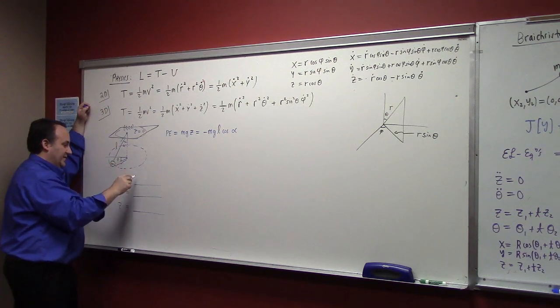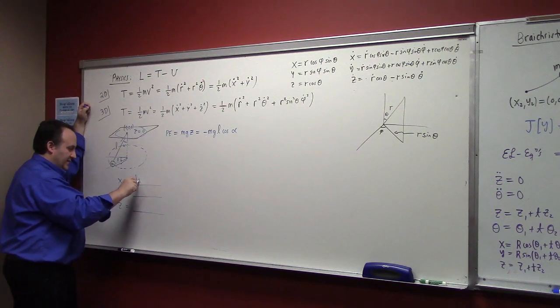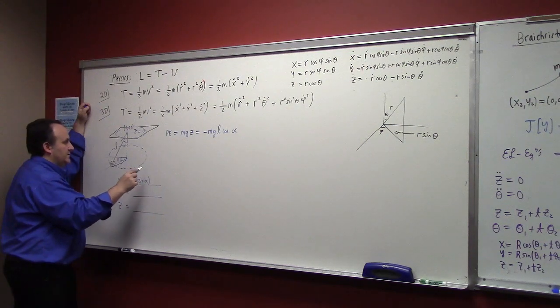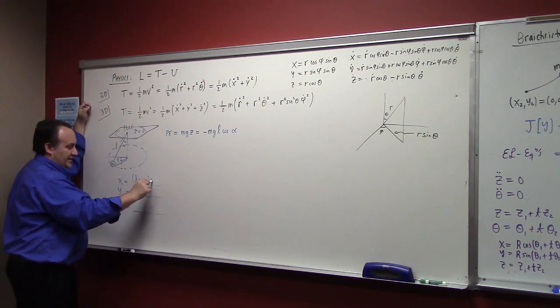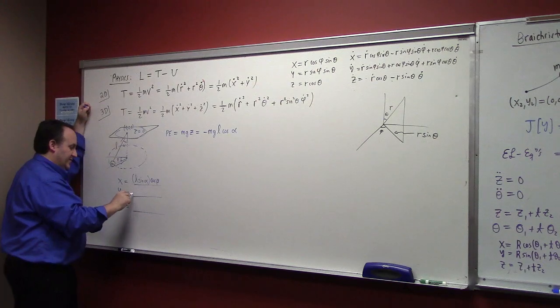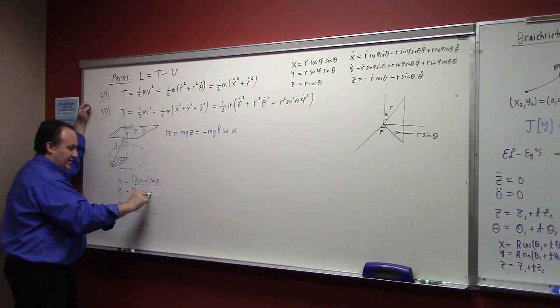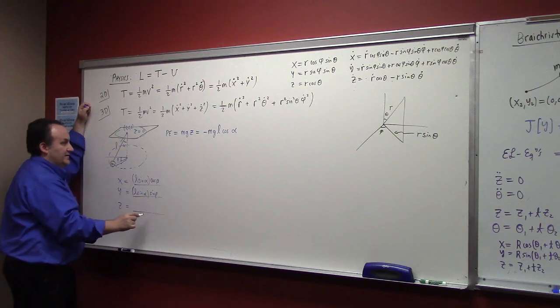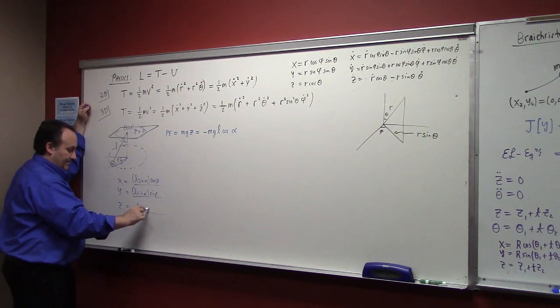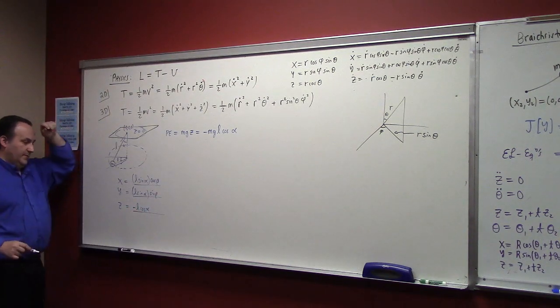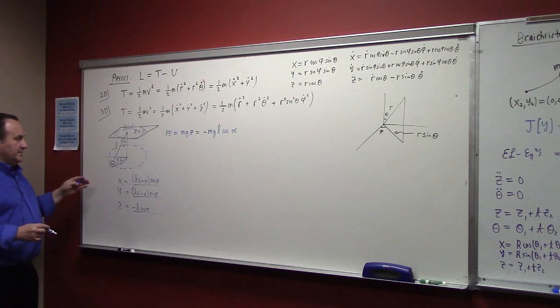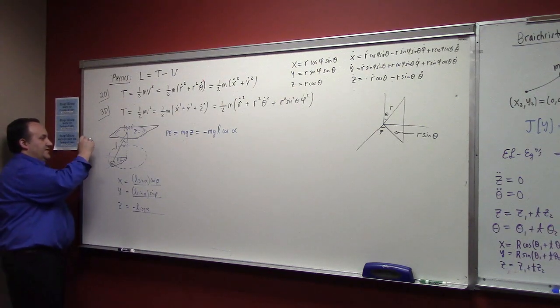Yes, good point, that's L sine alpha. I'm kind of brain dead today. Sine alpha times cosine beta, if I had these things set up right. And y would be L sine alpha sine beta. And z is just minus L cosine alpha. And then L is given to be constant.